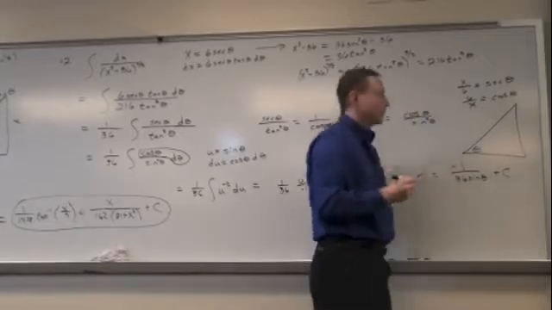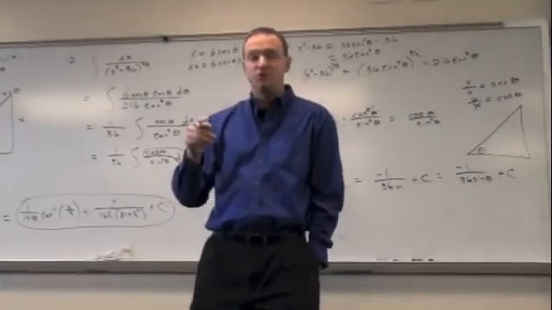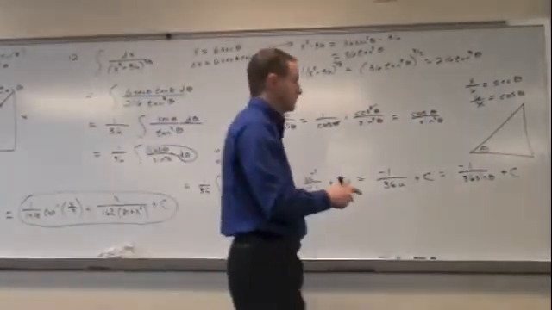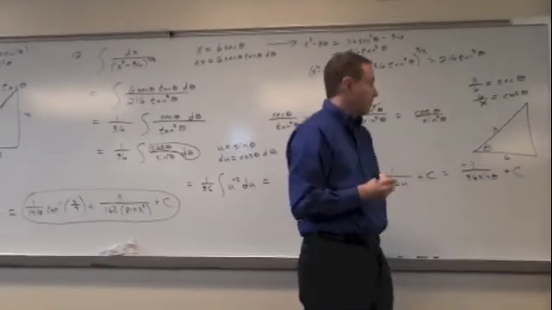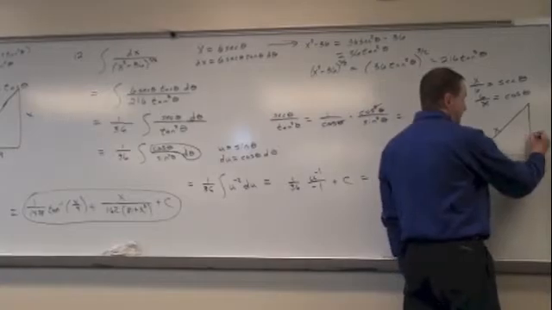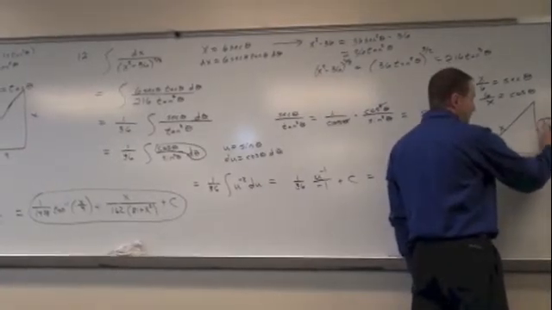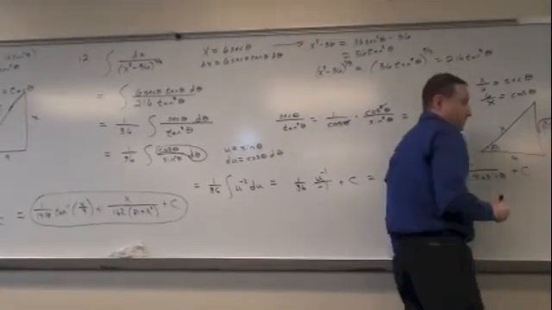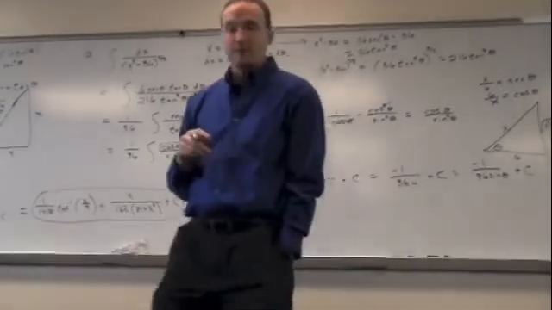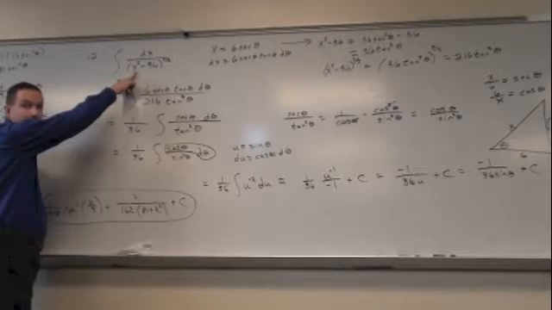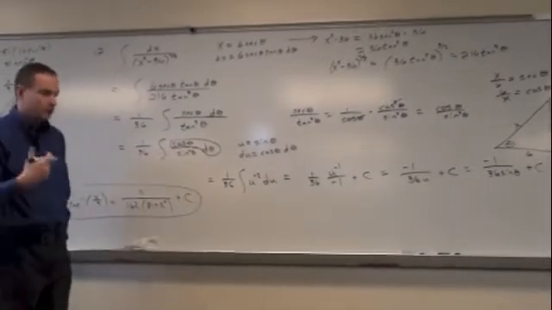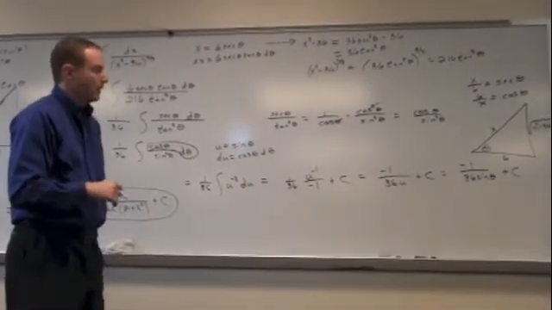Here's theta. The cosine of theta is adjacent over hypotenuse, 6 over x. My remaining leg has to be the square root of the hypotenuse squared minus the other leg squared, the square root of x squared minus 36, which I knew had to pop back up into my problem. It had to.